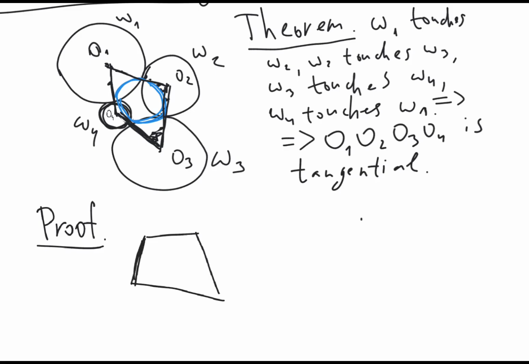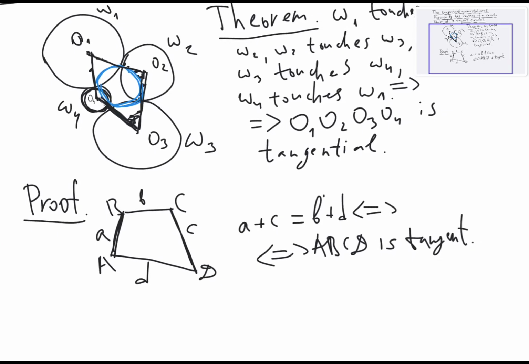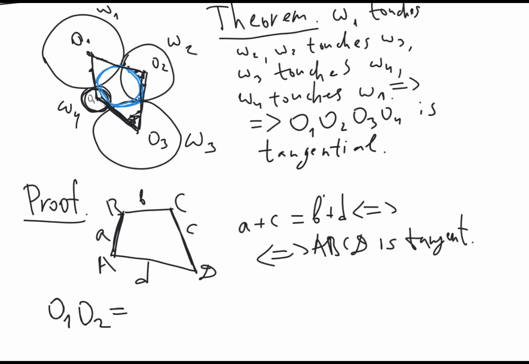So if we have the sides A, B, C, D, then ABCD is tangential if and only if A plus C is equal to B plus D. So in this particular case, we need to verify whether O1O2 plus O3O4 is equal to O2O3 plus O4O1.